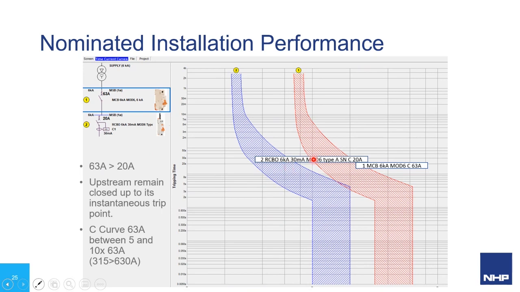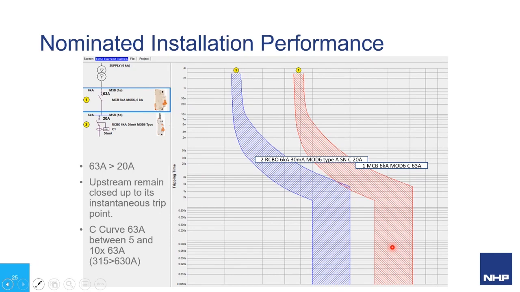We see here that there is a clear difference between the time current curves, and we can guarantee selectivity in this respect up to the instantaneous level of the upstream device. The instantaneous level of the upstream device, of course, is an average of 7.5 times our 63 amps for a C-curve device. So this is what a typical domestic application would look like.